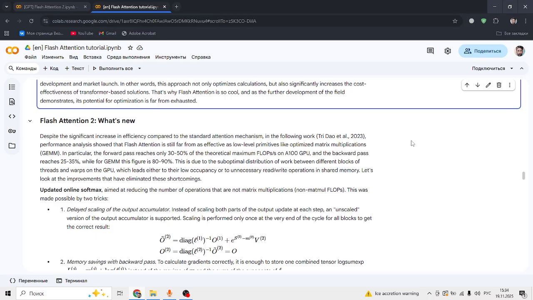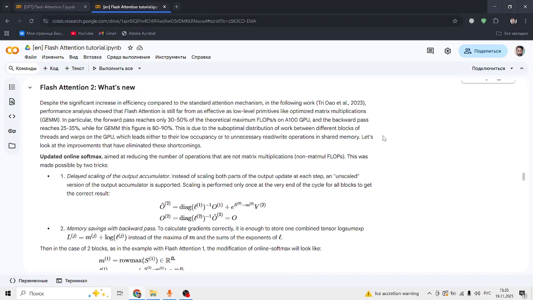And for backward pass, this is 25-35%, while GEMM shows 90 and 80%. And this is linked with suboptimal distribution of work between different blocks of threads and warps on GPU. And to solve this problem, developers of this technique offered some improvements.